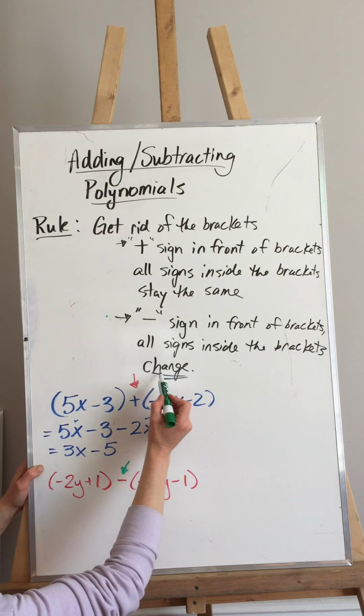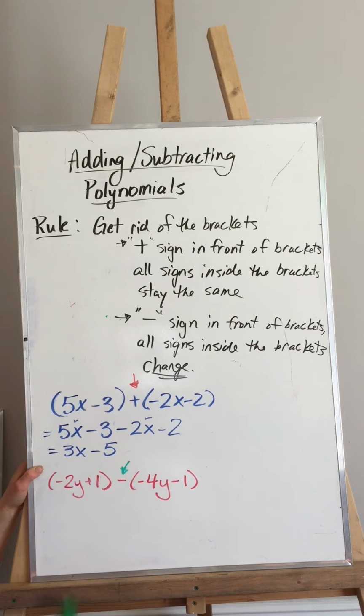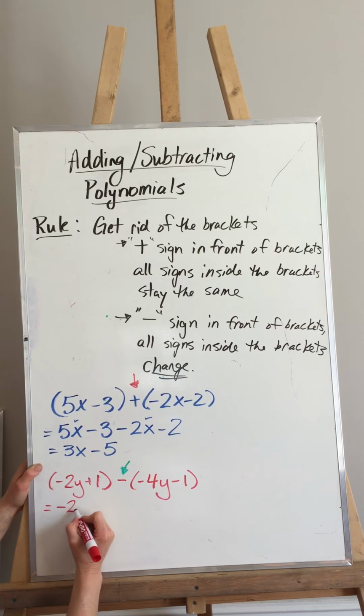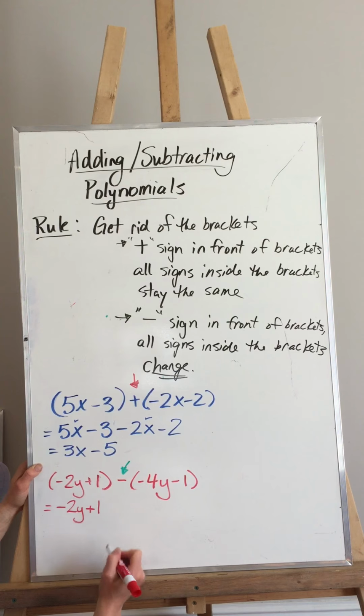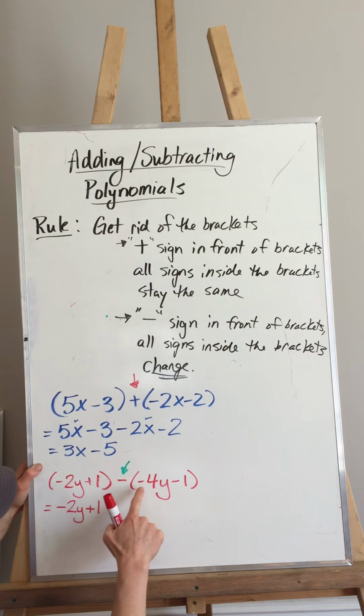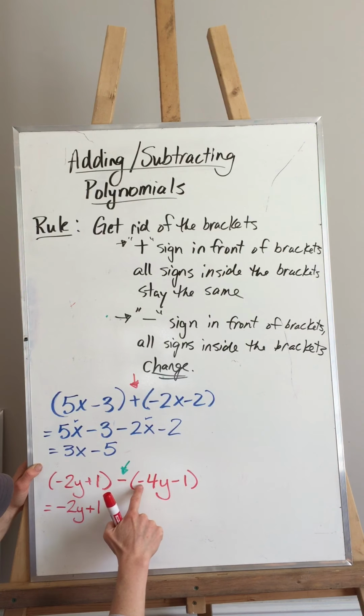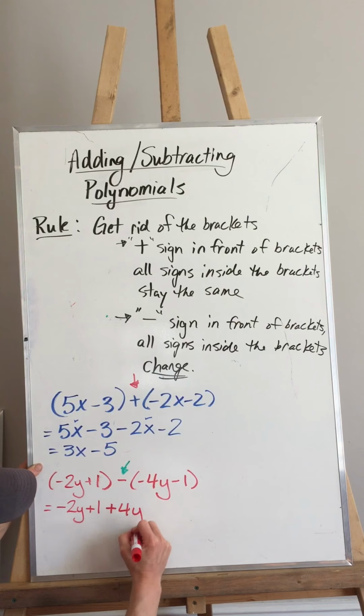So everything inside the brackets, all the signs are going to change. Okay, so here there's nothing in front. So this is just going to get dropped. So minus 2y plus 1. This tells us these two signs inside the brackets are going to change. So whereas this is minus 4y, it's going to be down here plus 4y.